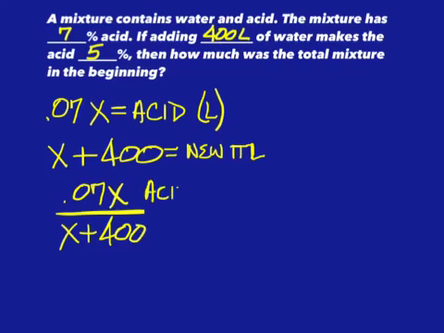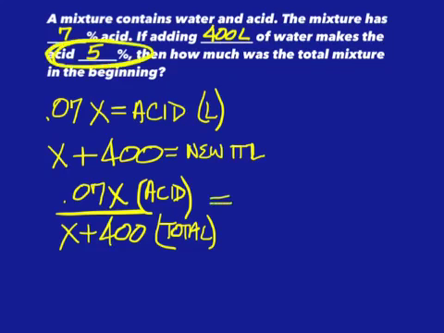Remember, this stands for acid on top, and this is the new total on the bottom. That's the same thing we did before, except now we don't know something in the top and the bottom. You still set it equal to the new percent, which is 5. So that's 5 over 100.